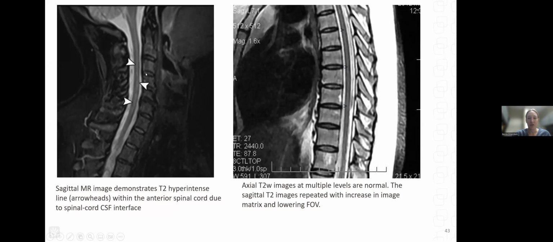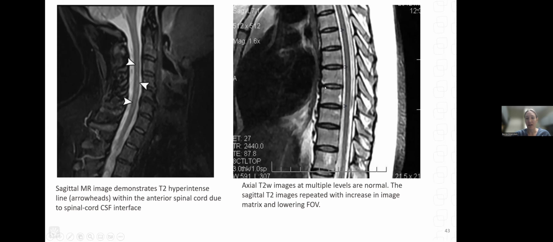And so you would want to correlate it also with your axial cuts. This is another image of the same thing, hyperintense CSF, and a hyperintensity throughout the center of the cord. If you were to look on axial cuts, however, this would not be present. This is actually a ghost image or Gibbs artifact of that CSF fluid being projected onto the spinal cord itself.